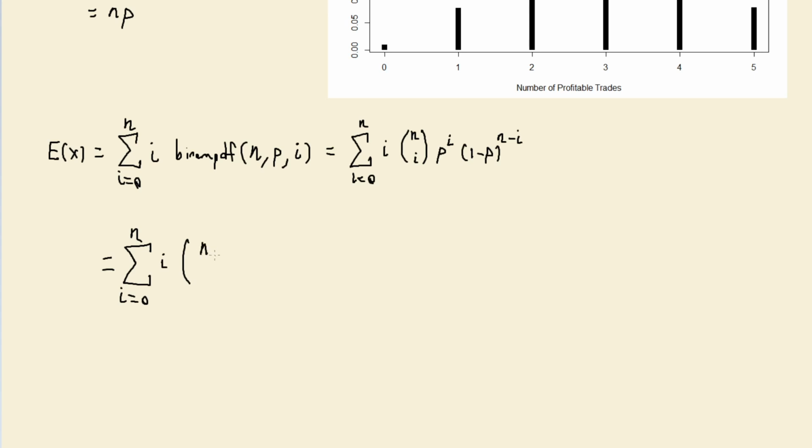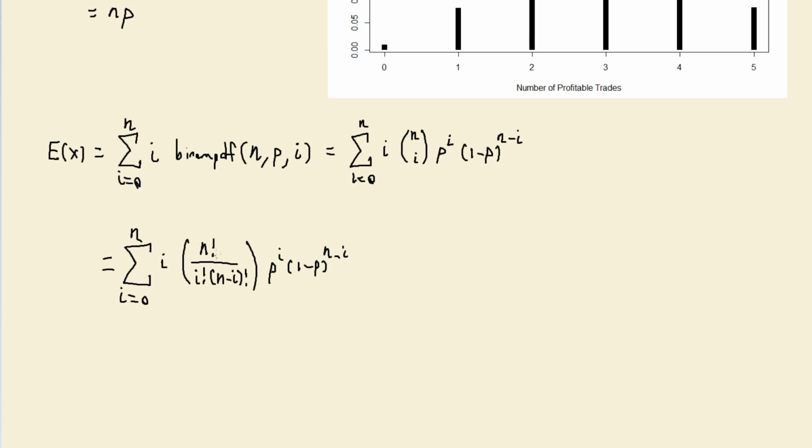Well, that means n factorial over i factorial times n minus i factorial. That's just what n choose i means. I'm multiplying by the probability of success to the power of i, multiplied by the complement to the power of n minus i.